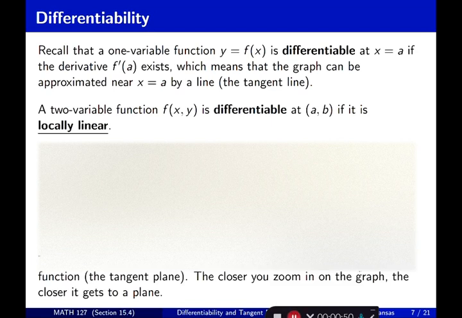So the graph can be approximated near point (a, b) by a linear function, the tangent plane. Again, zooming in closer and closer gets you more and more close to a plane.